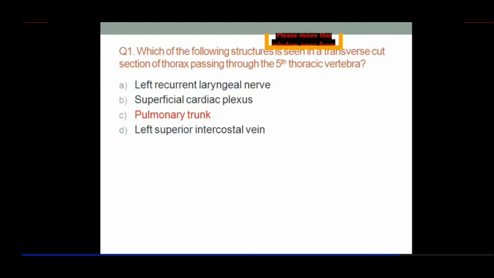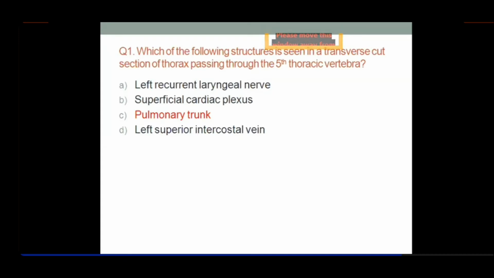So pulmonary trunk you will find branching into right and left pulmonary arteries at the level of sternal angle. But here in the options, pulmonary arteries are not there, it's pulmonary trunk, and the pulmonary trunk you will find in a cut section of T5. Left superior intercostal vein is a tributary of the left brachiocephalic vein.